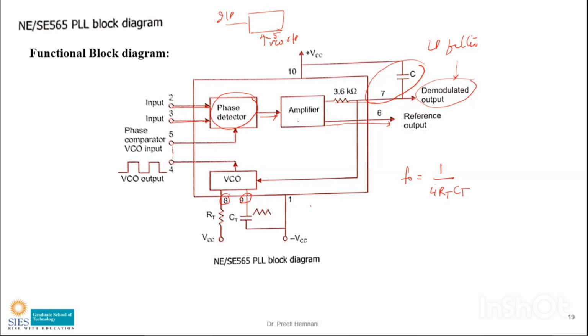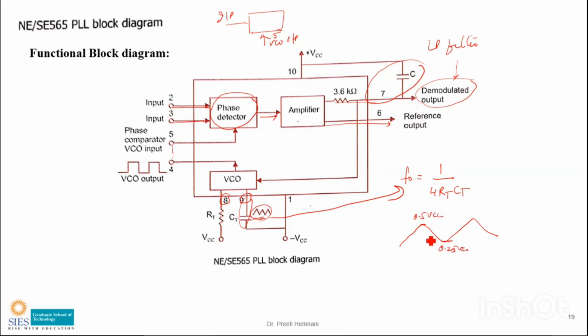Okay, f naught is fixed now, where RT and CT are nothing but the external resistor and capacitor connected to pin numbers 8 and 9. And through CT you are going to get the triangular wave. So at CT you are going to get a triangular wave, this one. And the frequency of this wave, we got as f naught equals 1 by 4 RTCT. If you remember, we took the CT waveform, and this is 0.5 VCC and this is 0.25 VCC.